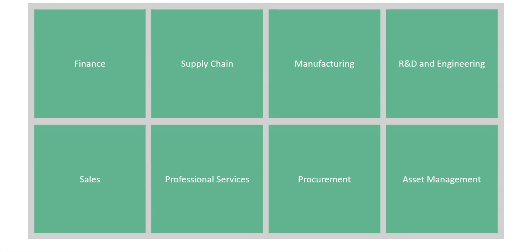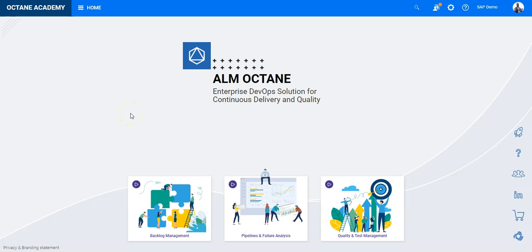Whenever you move from one transport to the next one, it would tell you exactly before you go into production that here are the different areas which are targeted as red, and you need to make sure that those are covered and tested correctly. Currently, the quality is not good. This is the way ALM Octane can provide you a complete quality platform for your SAP S4 HANA process. Now let's go into ALM Octane and see how you can implement it.